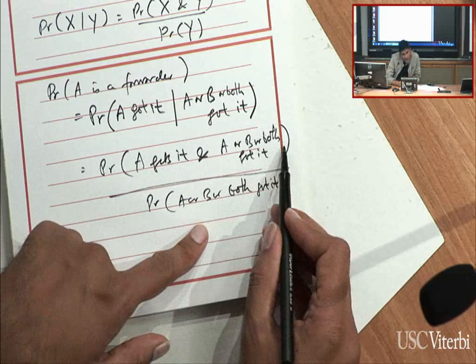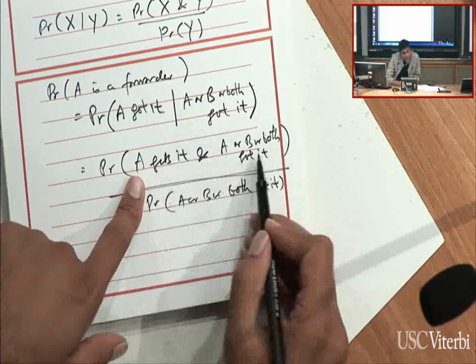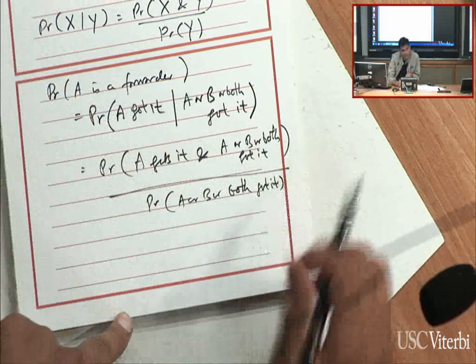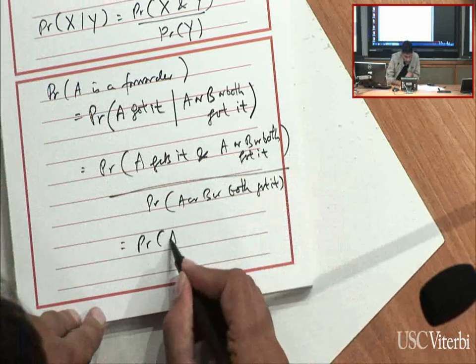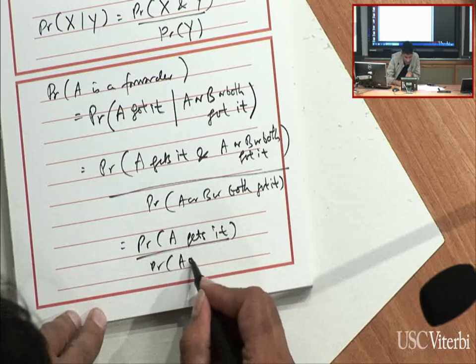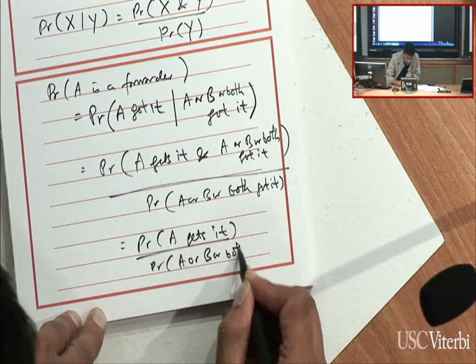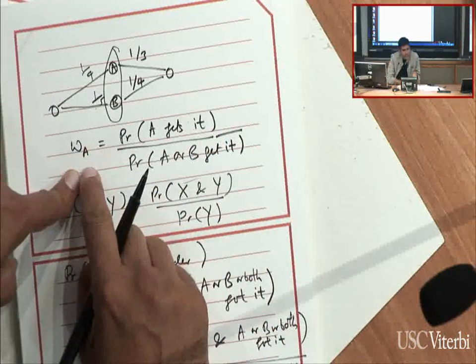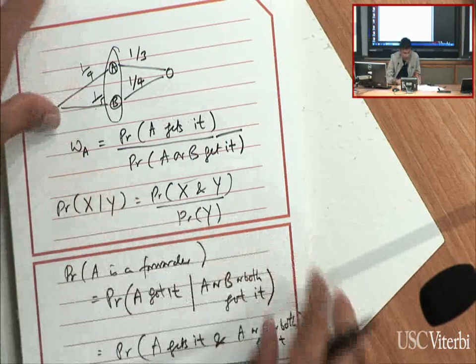A gets it is already contained within the larger event, so the intersection is just A gets it. So that's the probability that A gets it divided by the probability that A or B or both get it. That's what we're using as our weight WA here.